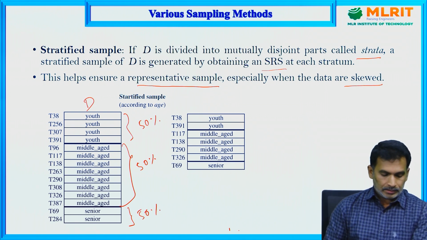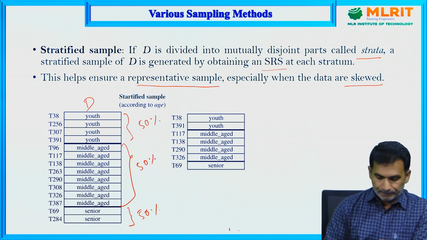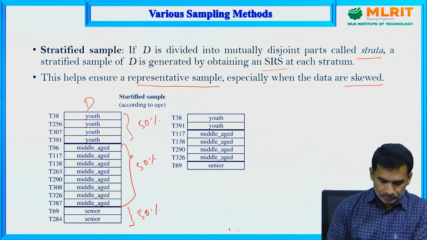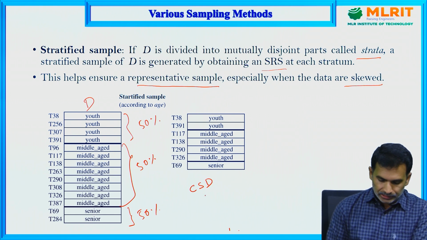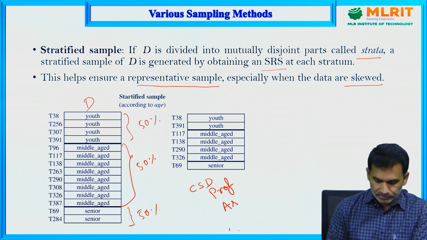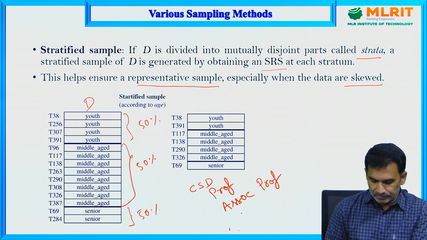If you take another example, let us take our college. Let us take the CS and CSD department. There will be some designations like professor, associate professor, and assistant professor.